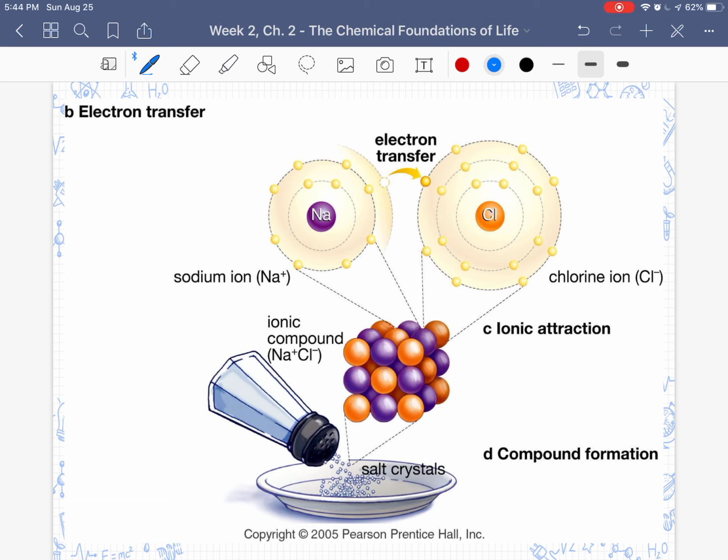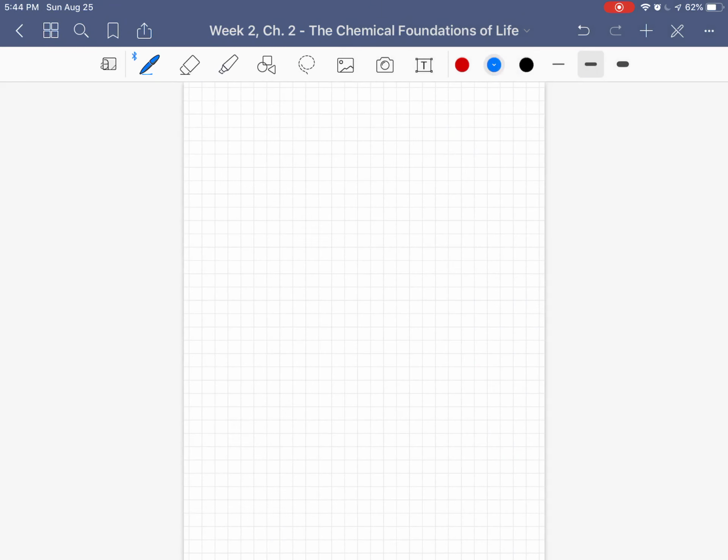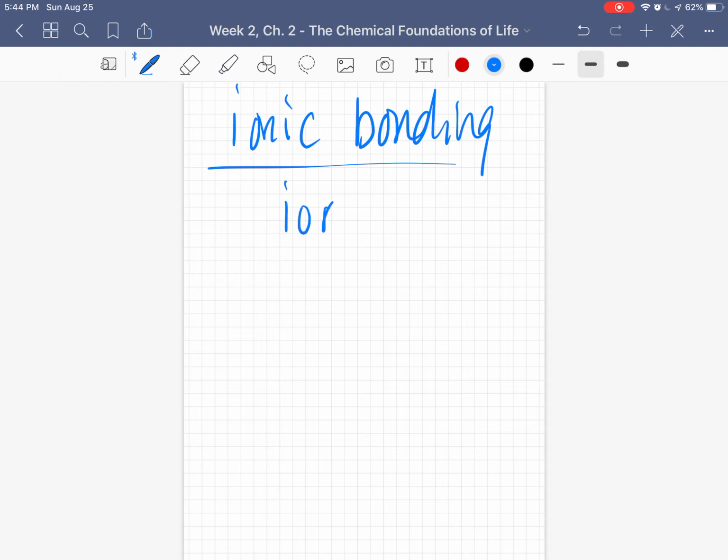All right, so this diagram just basically demonstrates everything that we just talked about. That extra electron from sodium transfers to chlorine. Chlorine becomes negative, sodium becomes positive, opposites attract, and we have salt crystals that form. All right. Let's quick recap. Ionic bonding. Ions form.